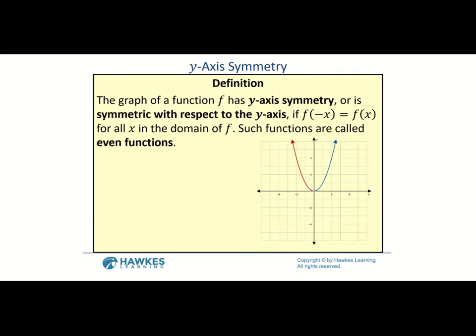So if we look here, here's our y-axis, and here is our parabola. What they're saying is that the function of the opposite of x is equal to the function of x.